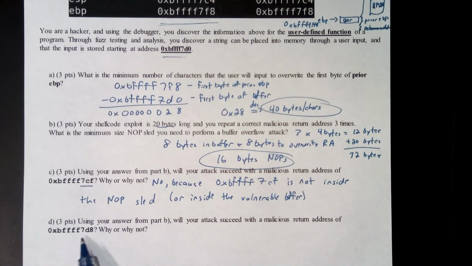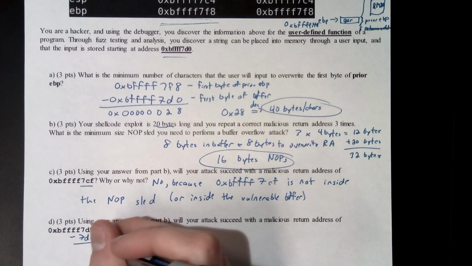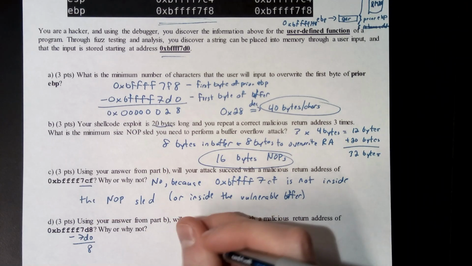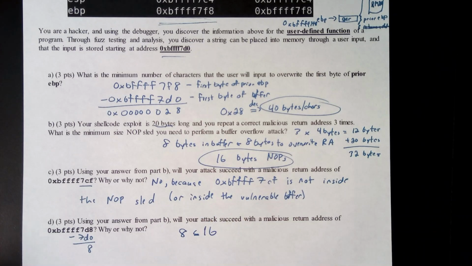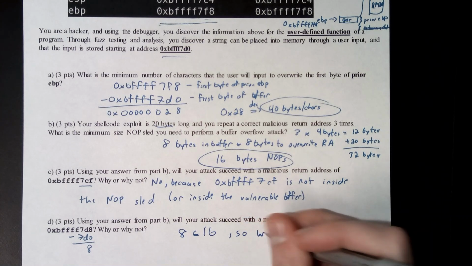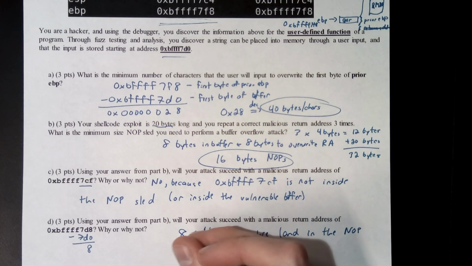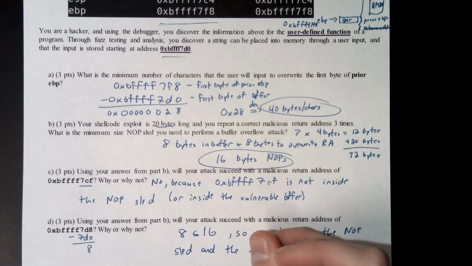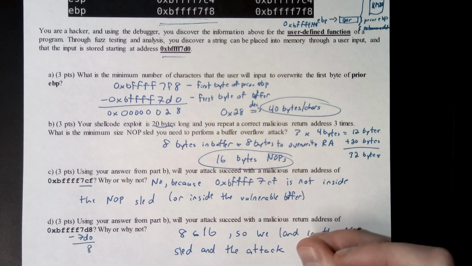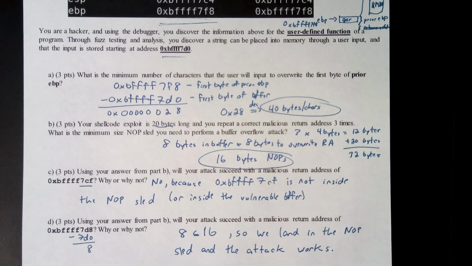And 7D8 minus 7D0 is 8 bytes. 8 is less than or equal to 16, so we land in the NOP sled and the attack works. As long as we land either in the NOP sled or just on the shellcode itself, the attack is going to run to completion. Because we're within the NOP sled, we just slide down to the shellcode and then we execute the attack.